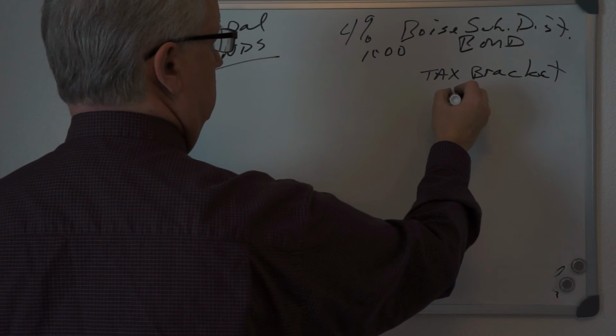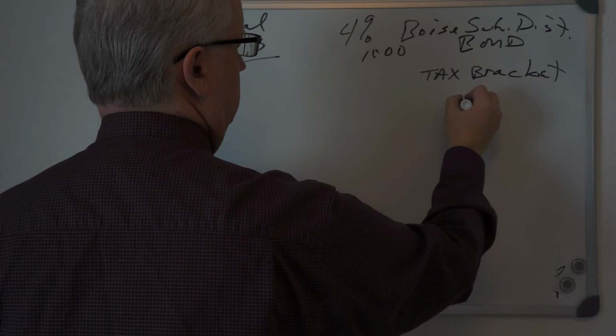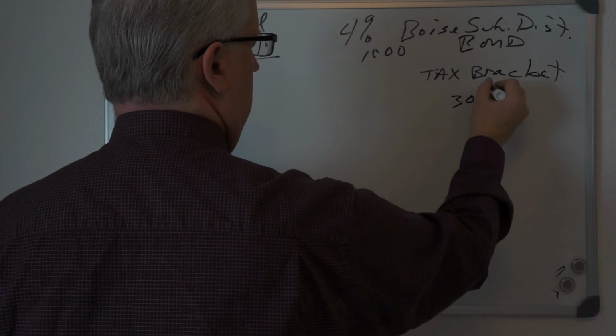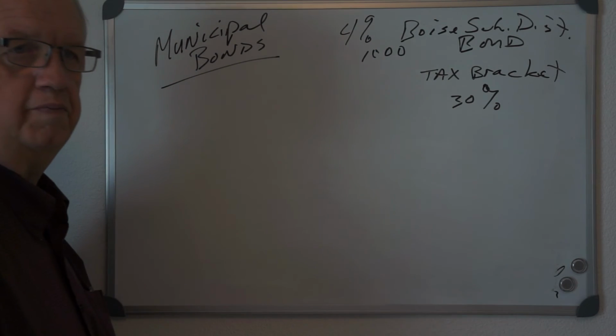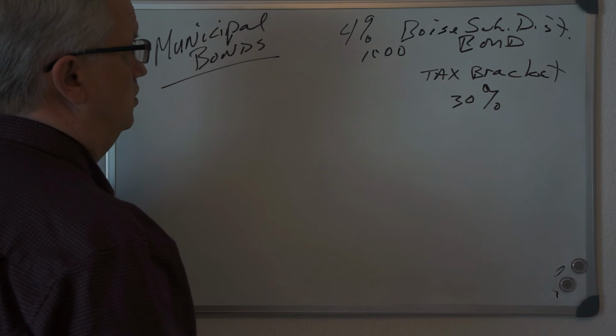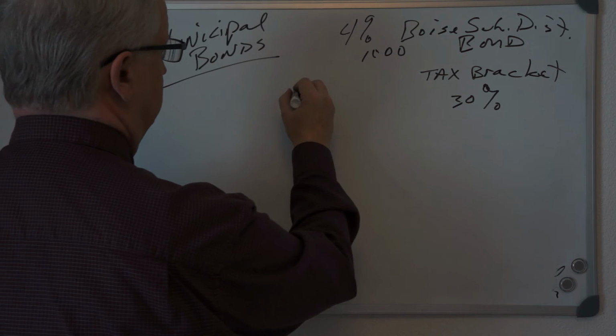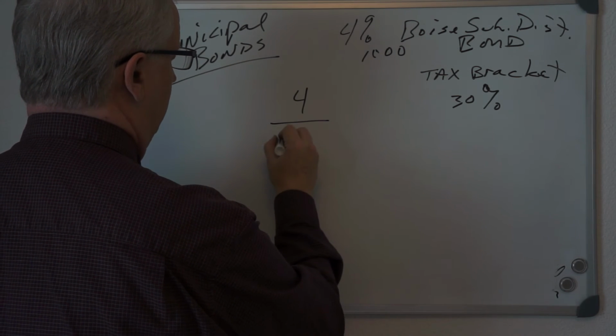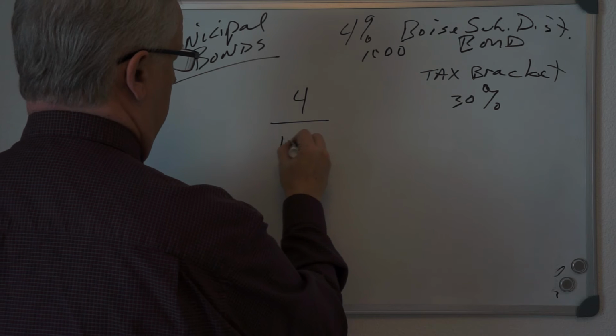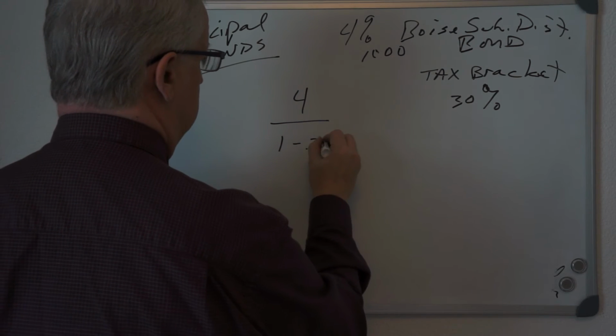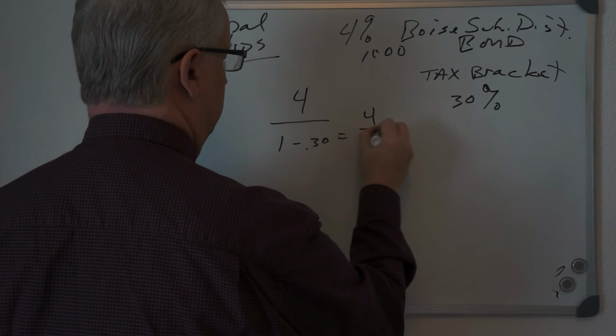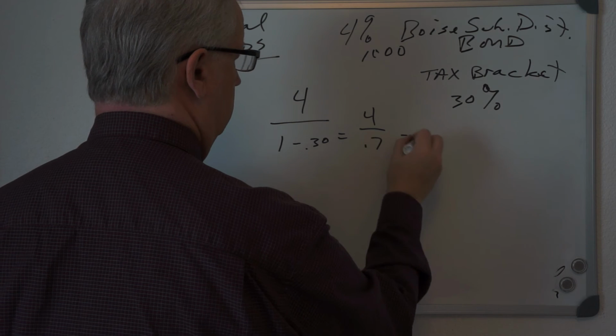Let's say 30%. So the problem is this: 4 divided by 1 minus 0.30 equals 4 divided by 0.7 equals.